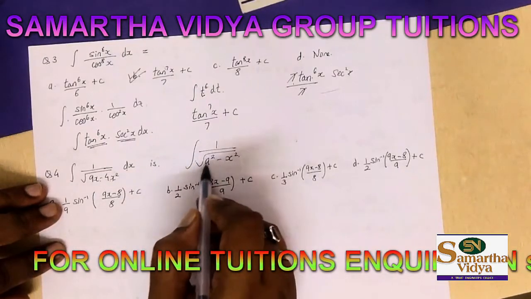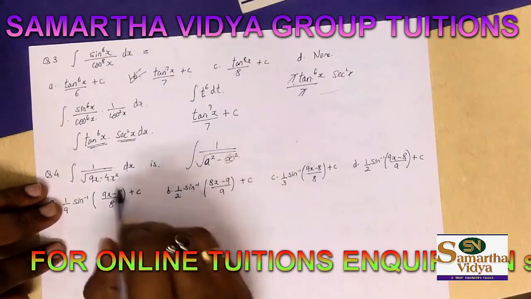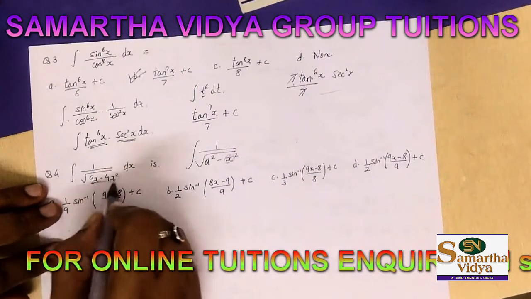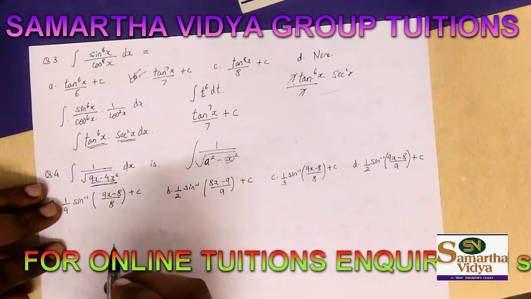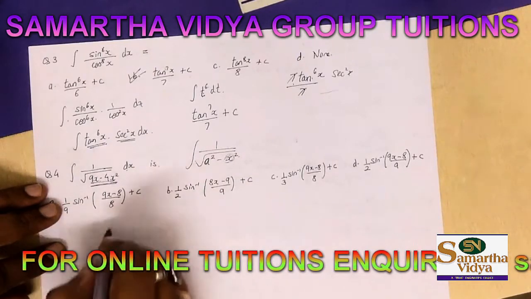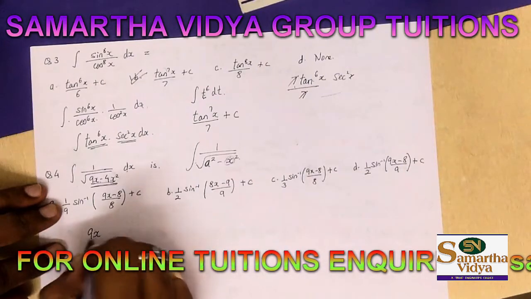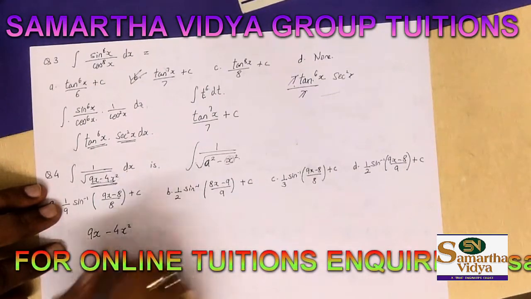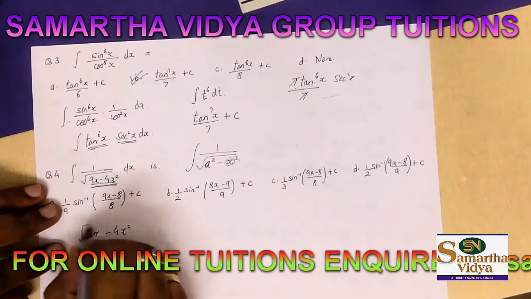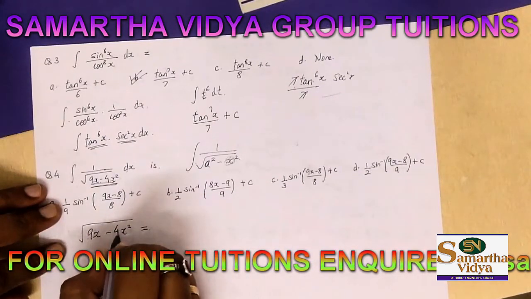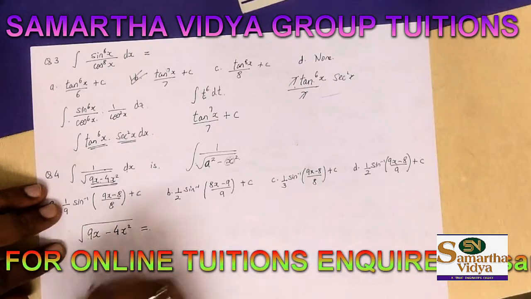So I need to find what is going to be the a term and what is the x term present over here. So what I need to do is analyze the quadratic expression, which is 9x minus 4x square. You have to understand it is under the root. Now in this, I'm going to take the 4 common outside.